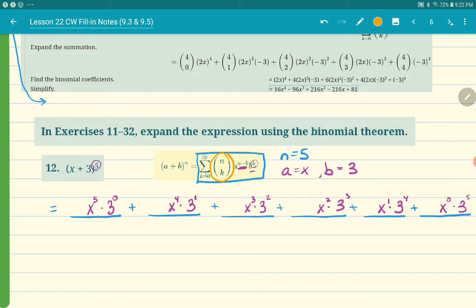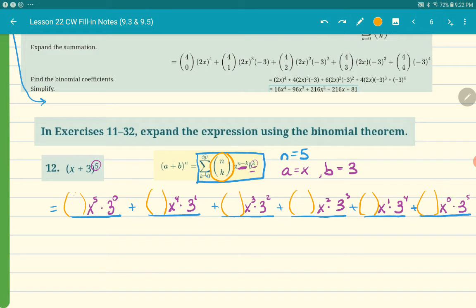So for the n choose k, remember, k goes from 0 to n. I have n on the top for all my coefficients. So I'll go ahead and write n for all of them. Whoops, not n, sorry. I know what n is. N is 5.